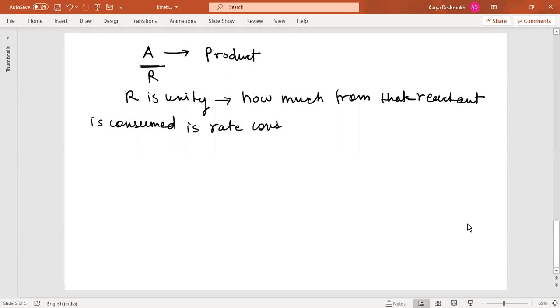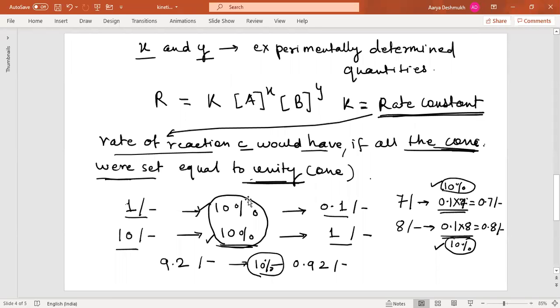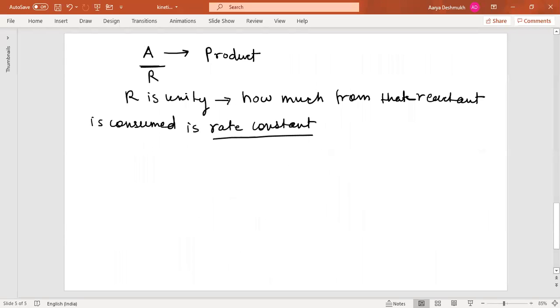I hope you understood. With this constant quantity which I am giving you each time, that 10% here, every time I keep this constant, this is called the rate constant. When the reactant is unity, means 1, how much from that unit concentration of the reactant is consumed, this is called the rate constant.